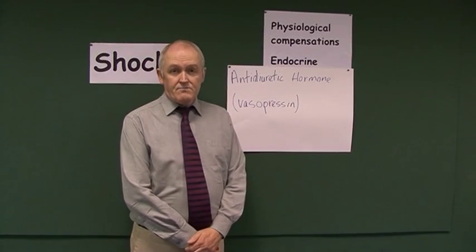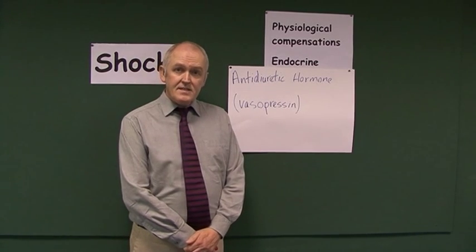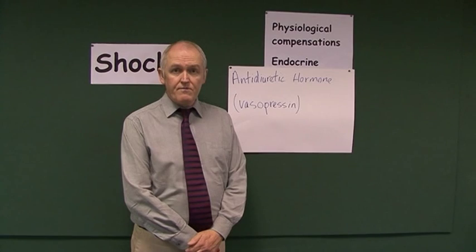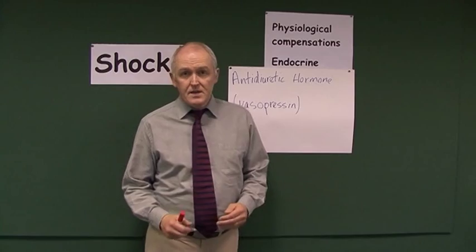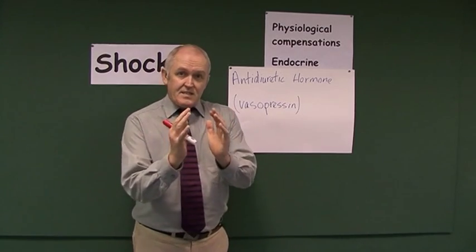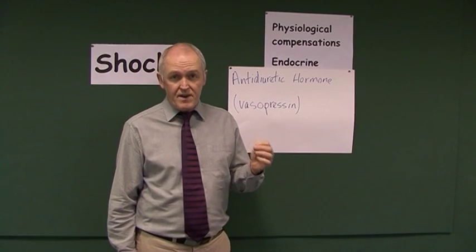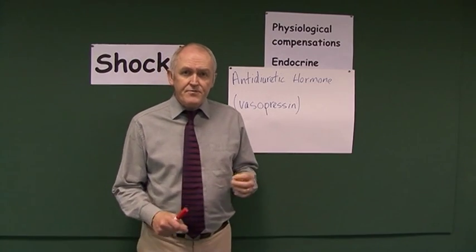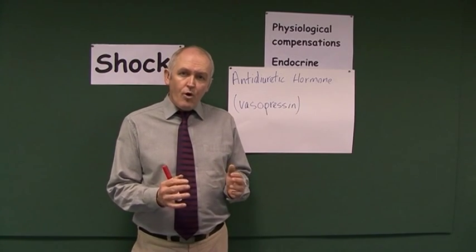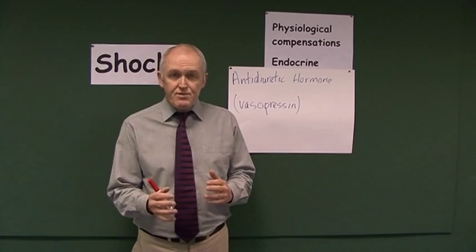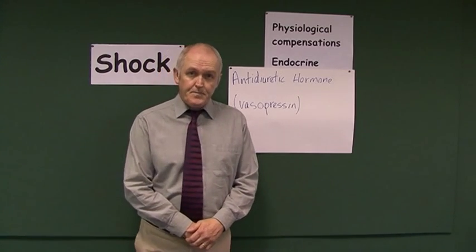Now, the other endocrine response I want to talk about is antidiuretic hormone. And antidiuretic hormone is also called vasopressin. In fact, vasopressin was the first name it was given because it constricts the blood vessels. This activity was first discovered and the hormone was given the name vasopressin. Because if the blood volume drops, that will cause more antidiuretic hormone, or vasopressin, to be released from the posterior pituitary gland.